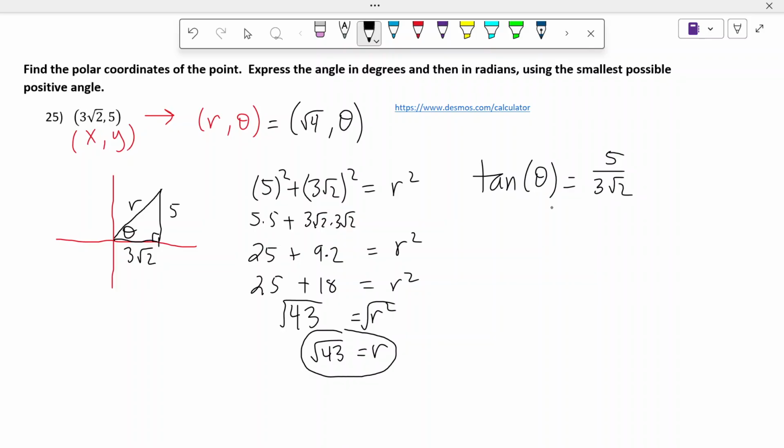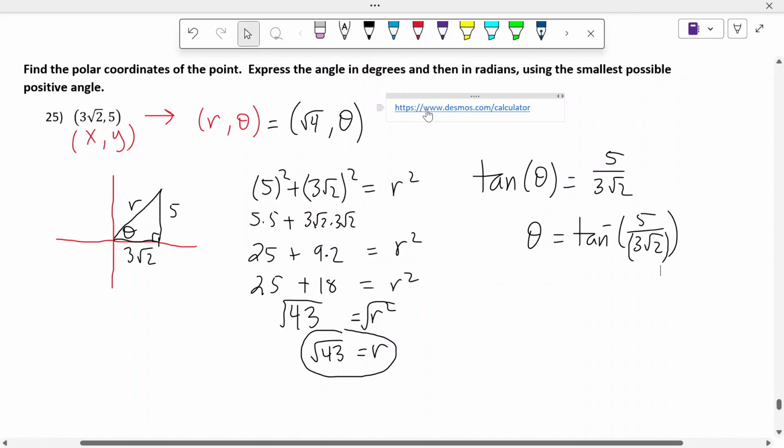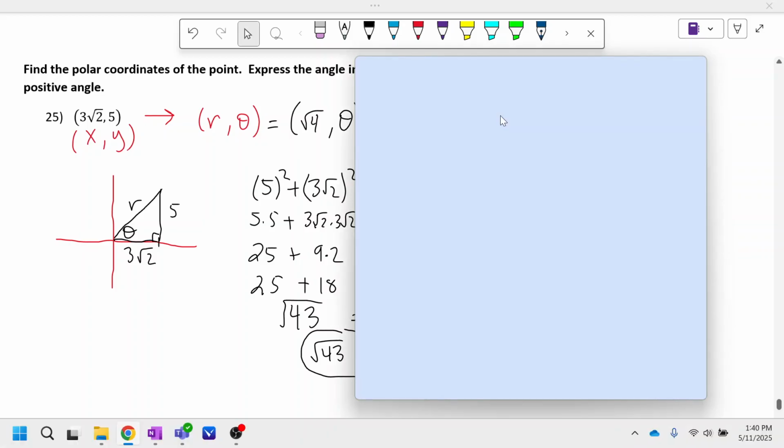Of course, we need to know the angle, so we got to do the tangent inverse of 5 over 3 square root of 2. And especially if you type this into a normal calculator, just like a Texas Instrument, make sure we wrap both of these in parentheses so they're in the denominator of this fraction, that both of them are, not just the 3. So I'm actually going to fire up Desmos so I can type this in.